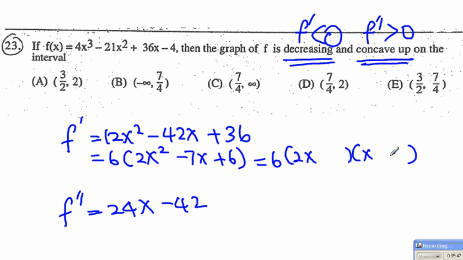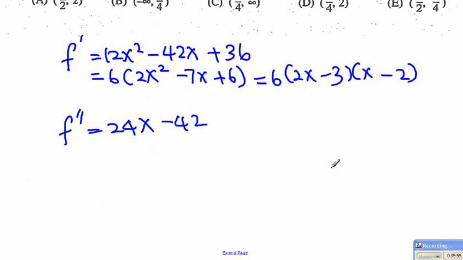And since this is negative, we have to have negative 2 here and negative 3 here. Then we would have factored it. Then based upon our number line, the two values are 2 here based upon the first derivative, and the other one becomes 3 over 2. So 3 over 2, let us say, will be around here.